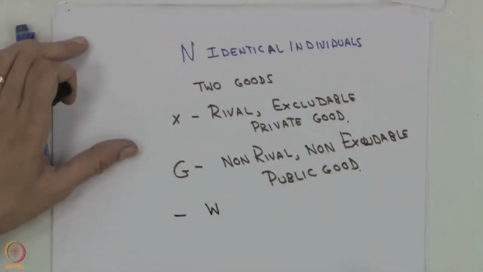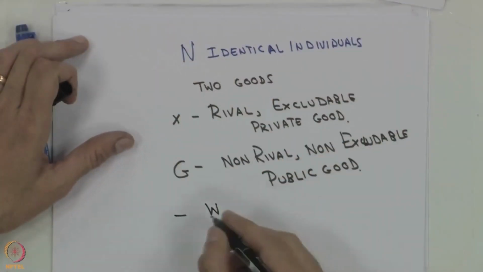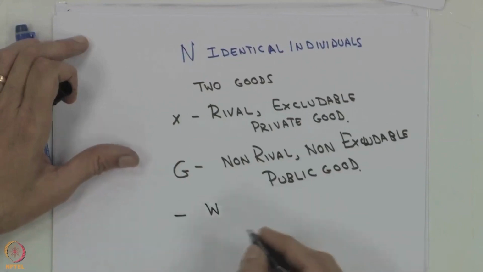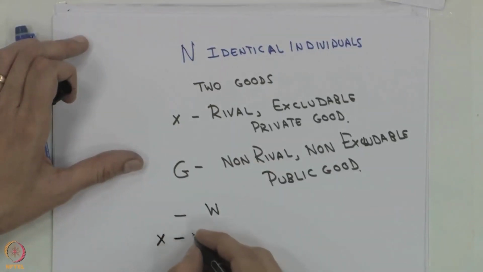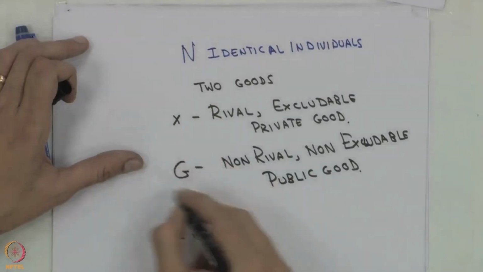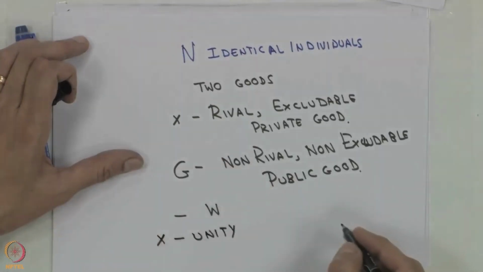So each individual has an income, maximum income W, and we assume that the quantities are adjusted so that the prices of the goods are set to unity. That means we will set the price of good X to unity, and then the good G also can be taken as unity.